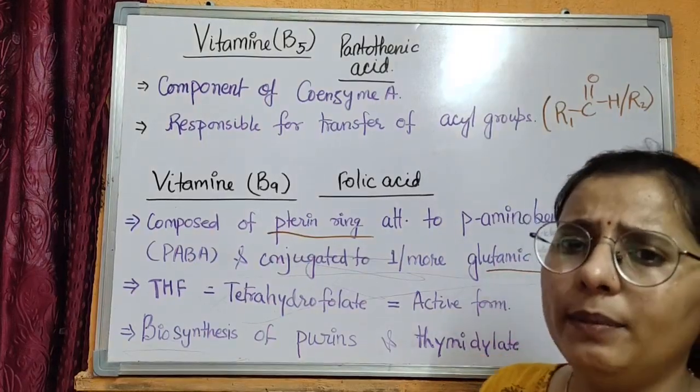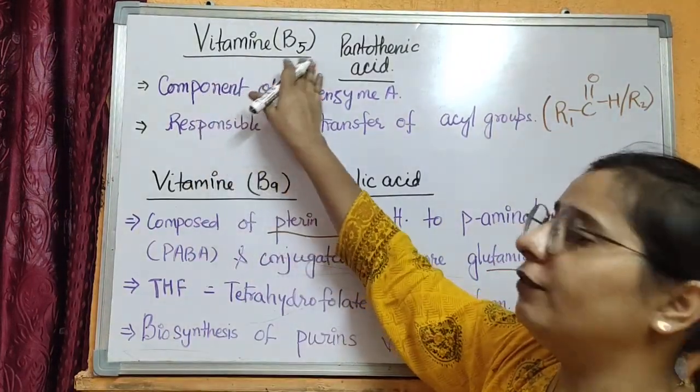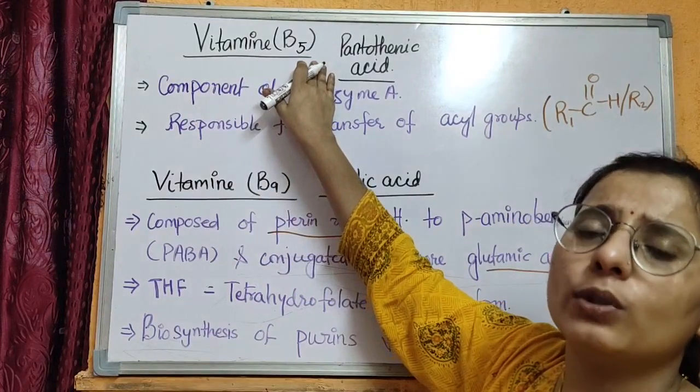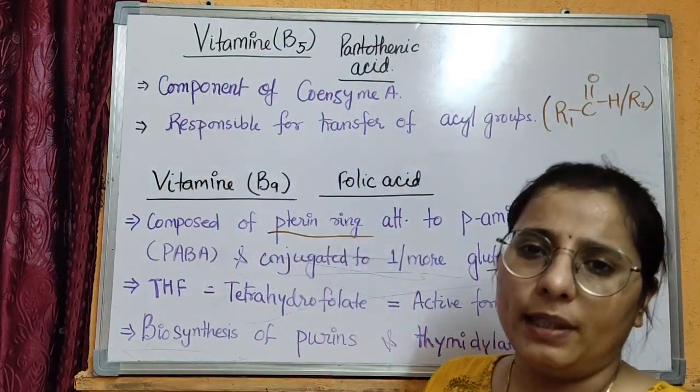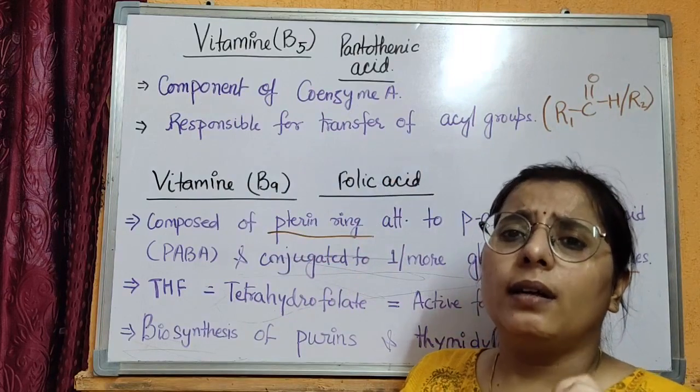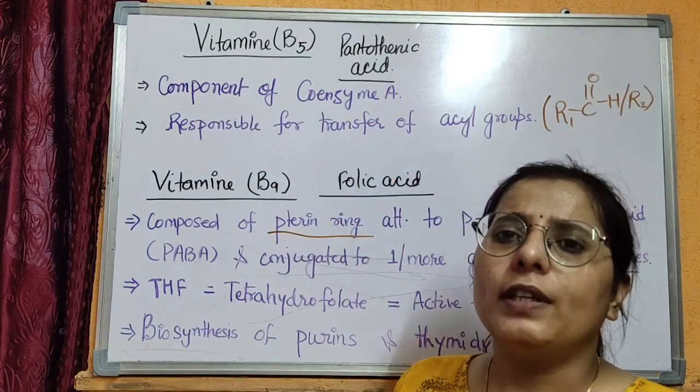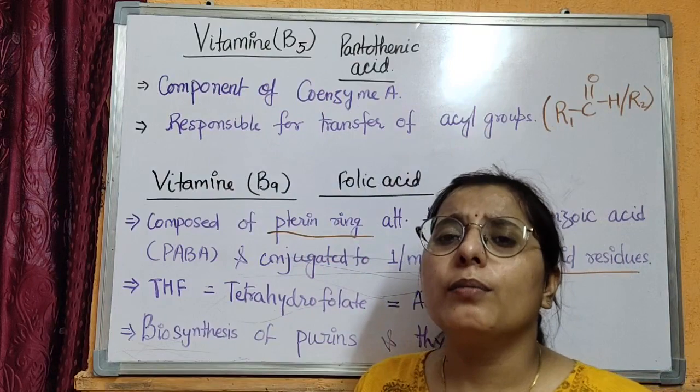The next vitamin is vitamin B5. It is also called pantothenic acid, and it is the component of coenzyme A. Coenzyme A participates in a number of reactions and forms a number of molecules.